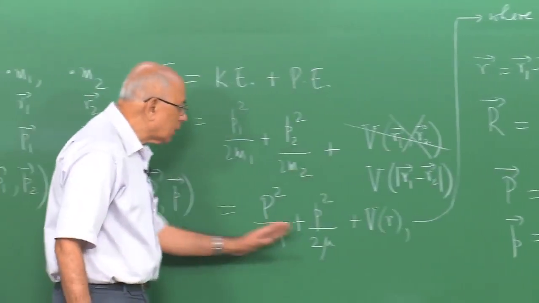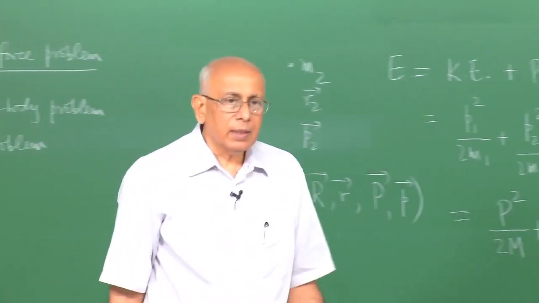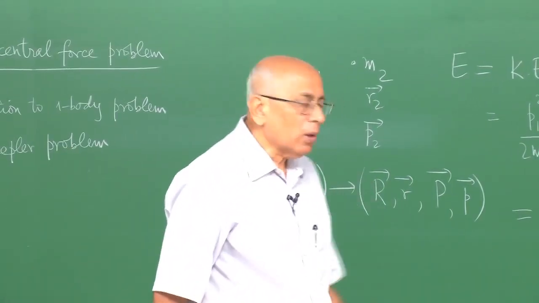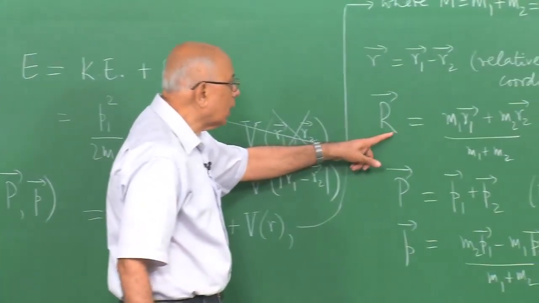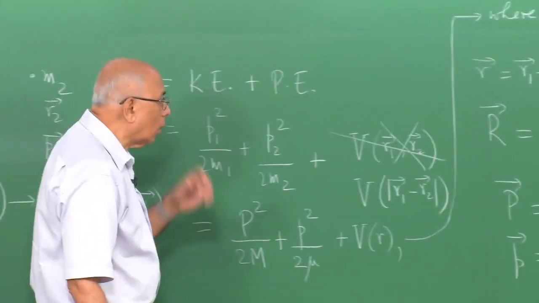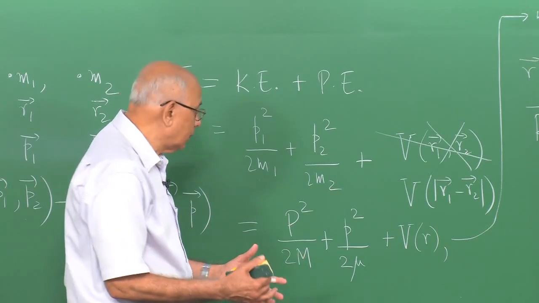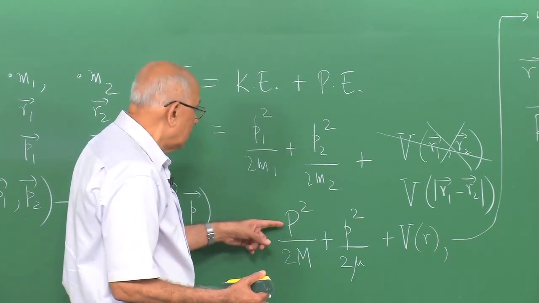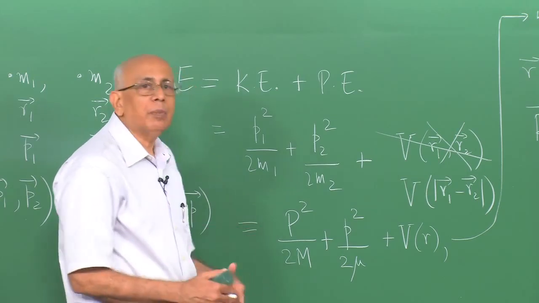It does not appear in the expression of the total energy at all. And then of course it follows that just as the total momentum is a constant, this coordinate, which could be regarded as defining the coordinate of a particle with the total mass and with momentum capital P, which is a constant of the motion, is like a free particle.